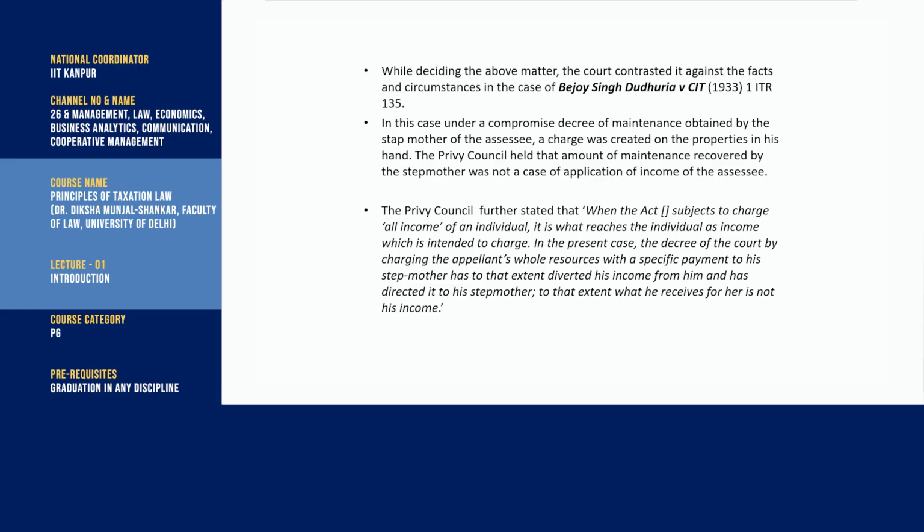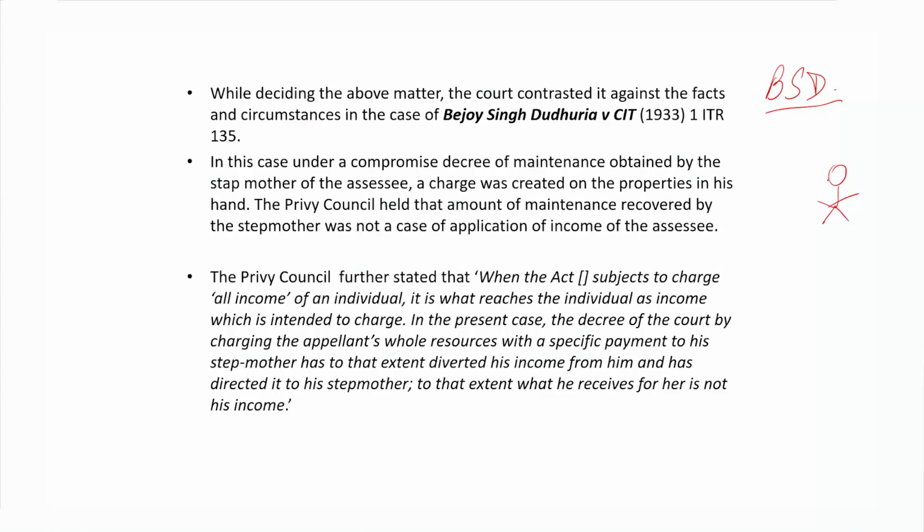So over here, what had happened was Bijoy Singh Dudhoria had to pay maintenance to his stepmother, right? So the stepmother had to be paid some amount of money, right?